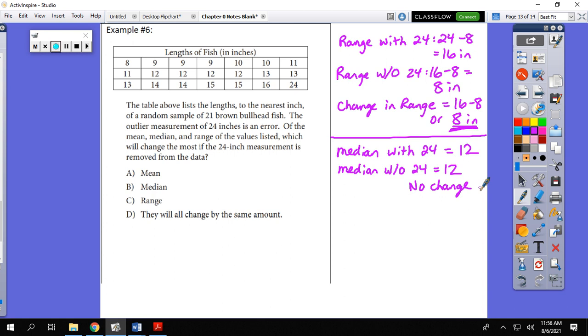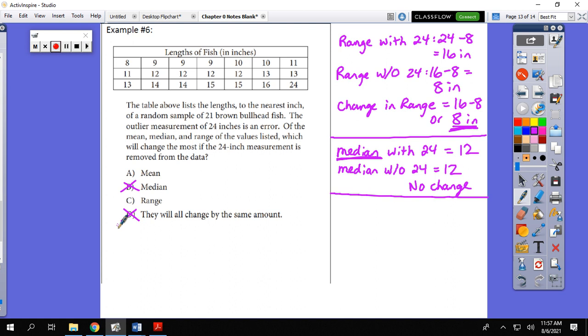Okay, that should tell you immediately that with no change, the median has the smallest change because it does not change. Okay? So it's probably not going to be the right answer, and they definitely don't change by the same amount. So right there, at this point, you should be able to look at, okay, it's got to be either the mean or the range.